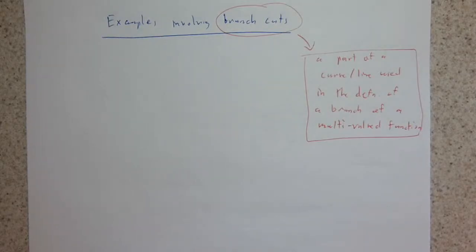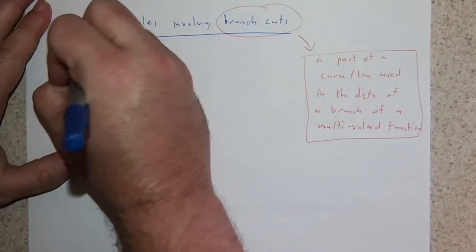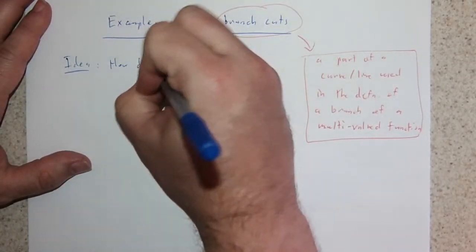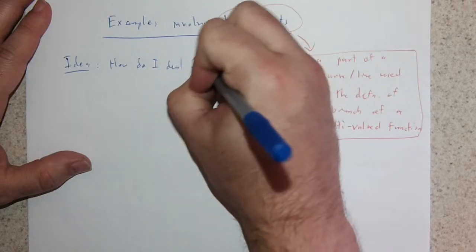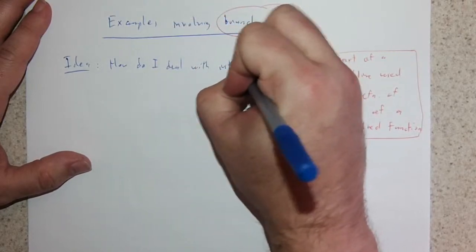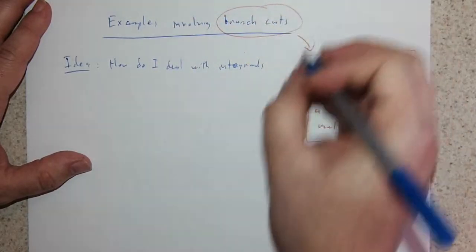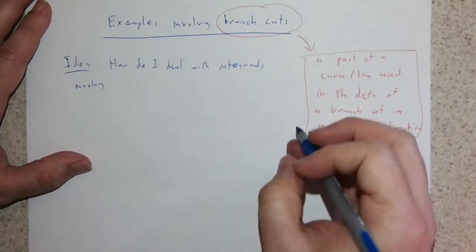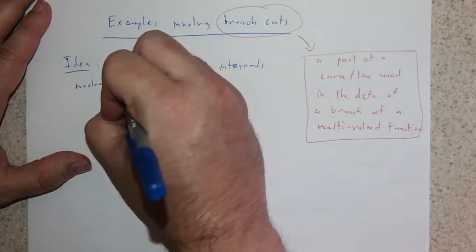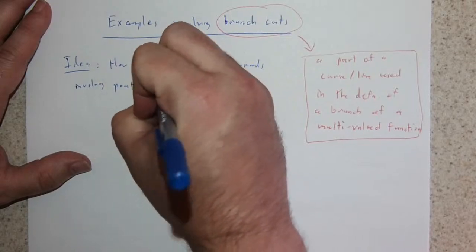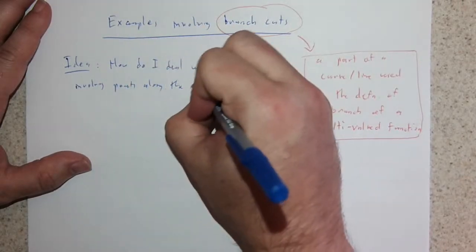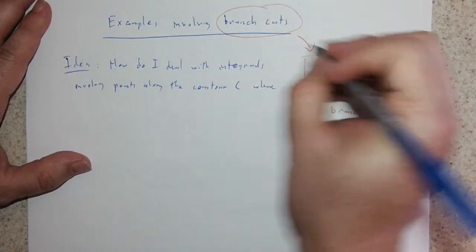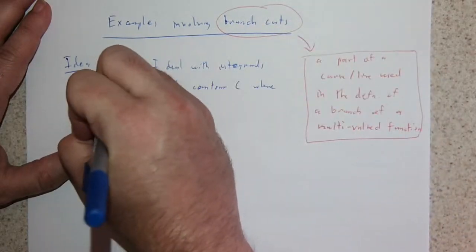The basic idea here is how do I deal with integrands involving points along the contour C where things are messy.